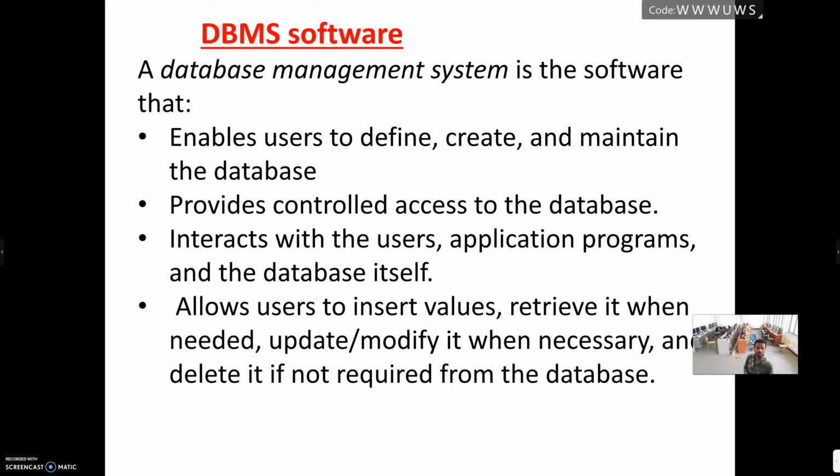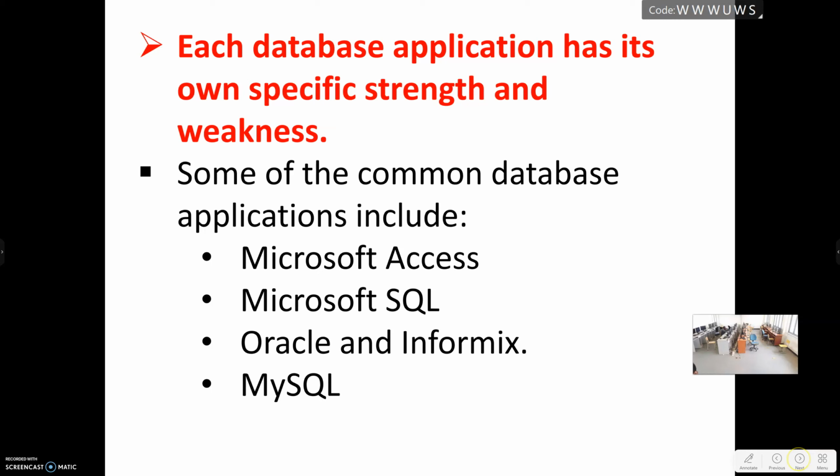It provides controlled access to the database and interacts with the users' application programs and the database itself. It allows users to insert values within the table, retrieve or show the table data when needed, update or modify it when necessary, and delete it if not required from the database.